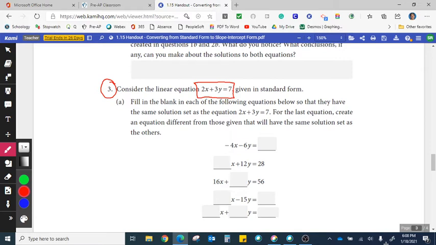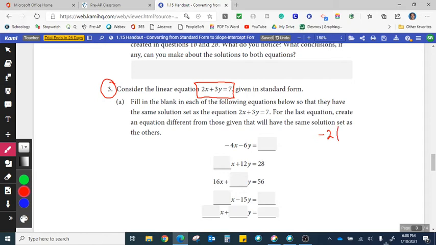Well, I see that 2x to 4x, I just multiply by 2. And to get the negative, I multiply by a negative 2. So if I multiply 2x by negative 2, I'm going to get negative 4x. If I multiply 3y by negative 2, I'm going to get negative 6y.